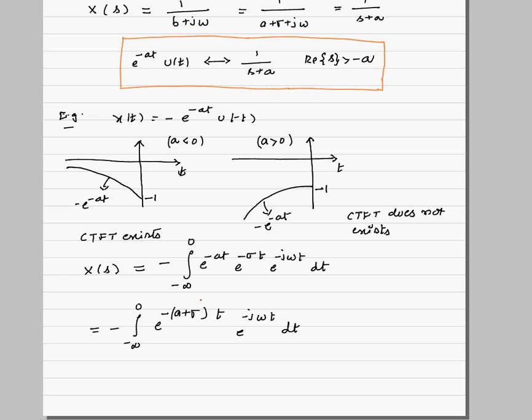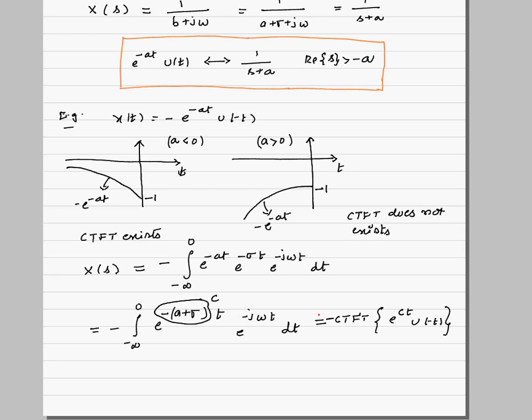Okay, for this problem, let us assume this to be some c. You'll understand why we have taken that in a moment. So if you look at that clearly, we can see that this is nothing but CTFT of which function? E power ct u of minus t. Correct? This minus sign is there, let us keep it out.